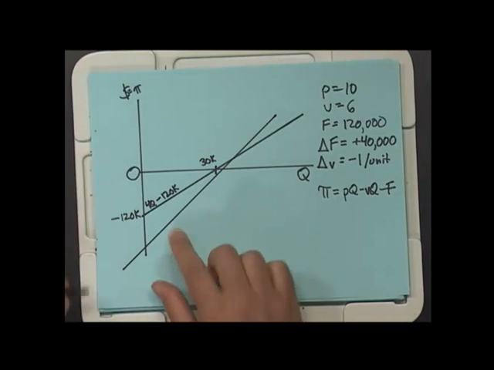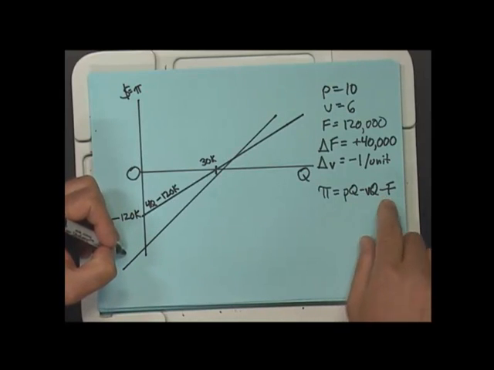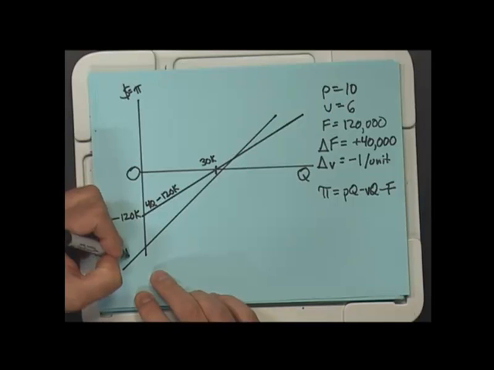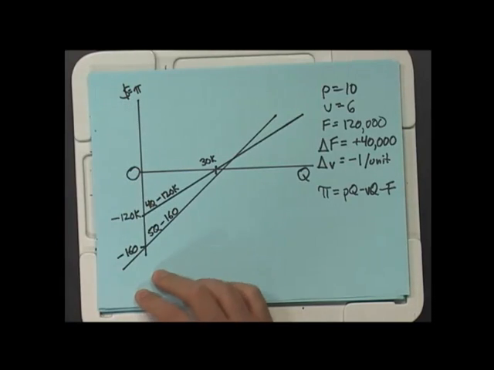Okay, so what's this equation? Well, if we don't make any units, now we're losing 160. That's this point here, and the equation now is 5Q minus 160.